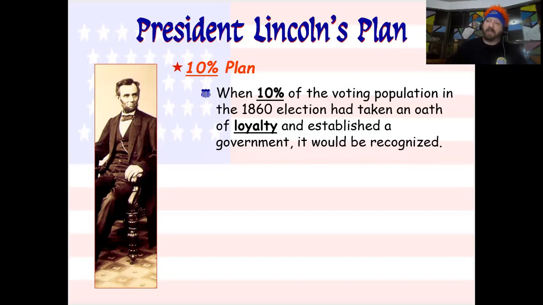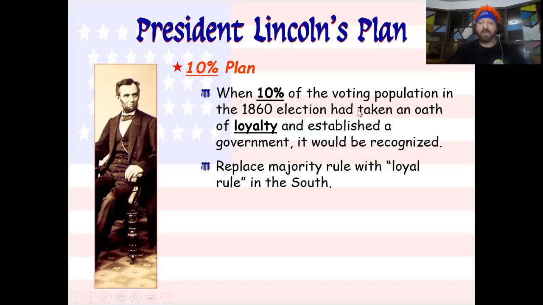And his is what's known as the 10% plan. It gets its name because he said 10% of the voting population in 1860, if they took an oath of loyalty, bam, then things can get going, okay? It was fairly simple and, in a lot of ways, guys, almost too easy on the South.